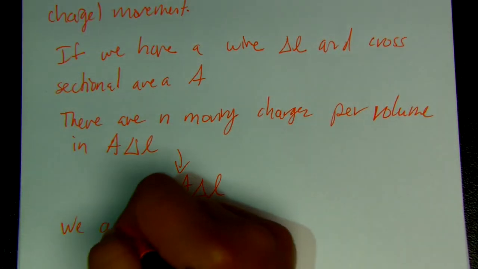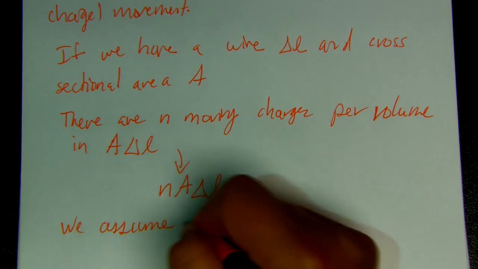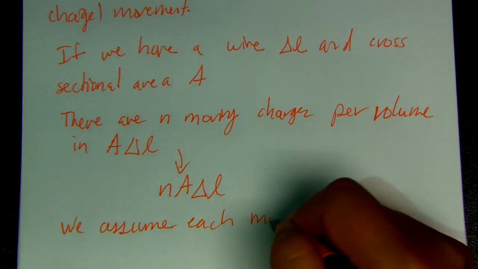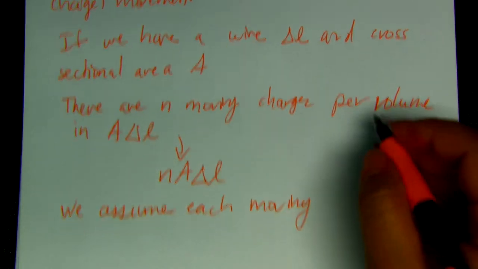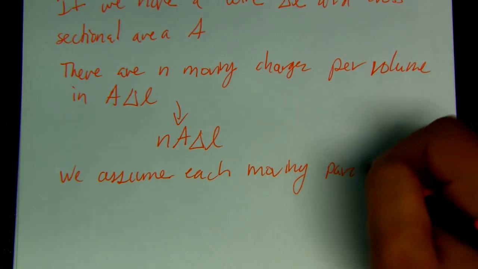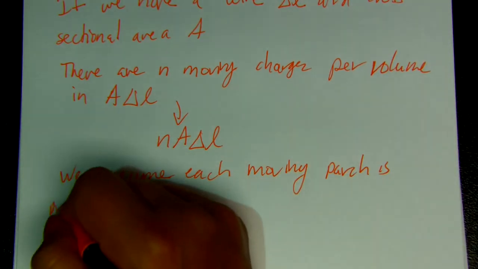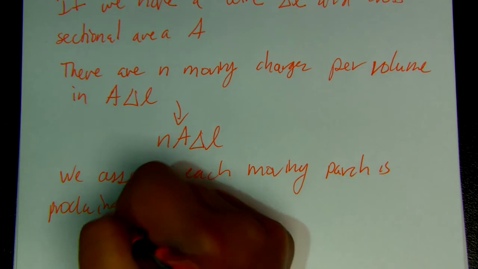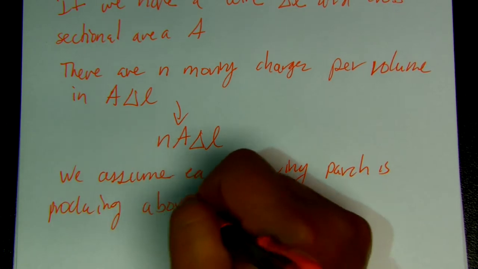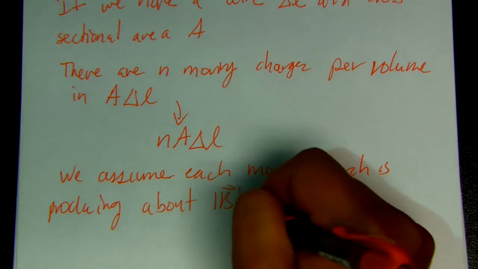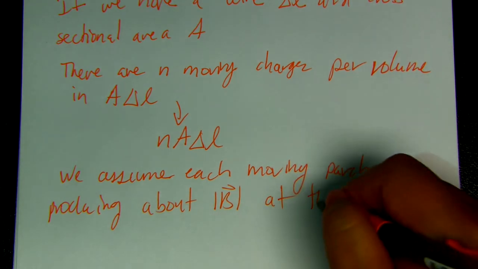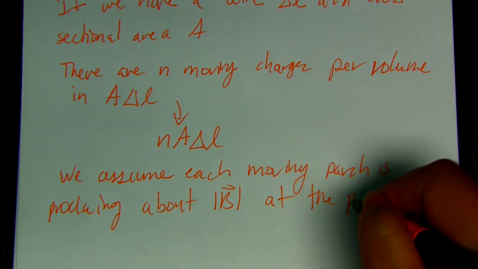We assume each moving charge is producing about the same magnetic field at the point of measurement, which is reasonable.